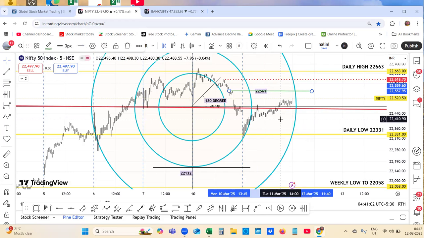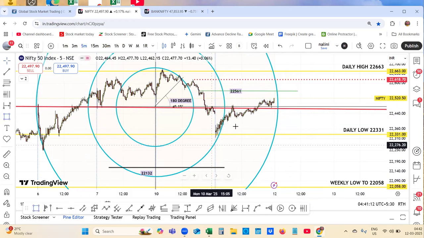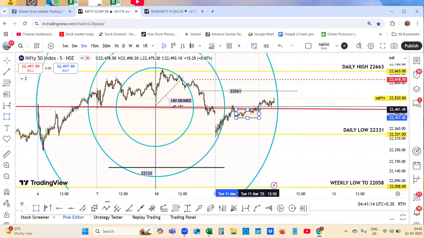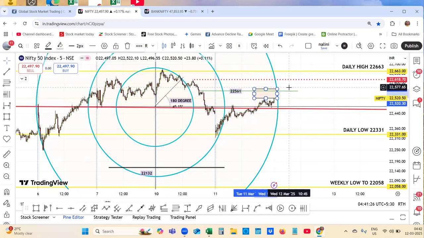Suppose if it takes around 410, this is the intraday block. From that, it has taken support. Here, the range was here, and it has moved here. When range has moved here, that is the measured move, and another measured move is here. Exactly, it comes to 22,574.